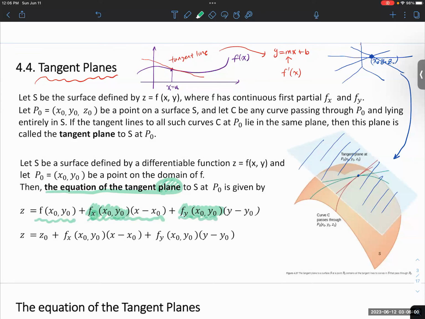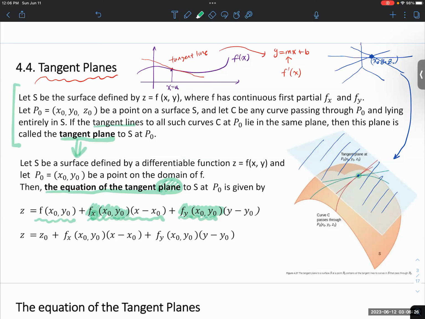We call this the equation of the tangent plane, okay? This is the background, very similar to finding the equation of the tangent line. You have many tangent lines at this point, but we are looking for a particular plane that covers that point. We call that a tangent plane, and the equation is the following.